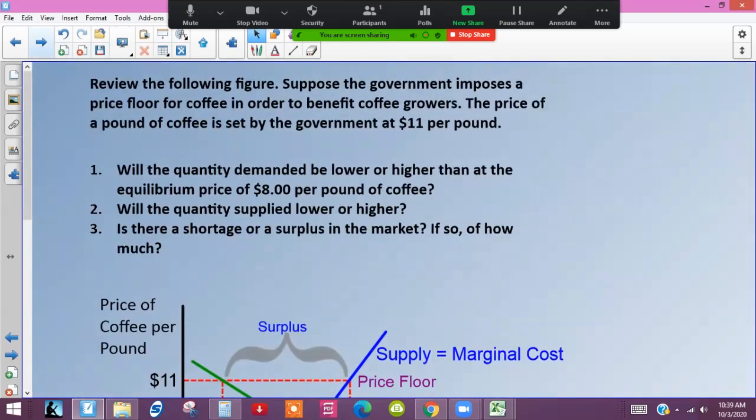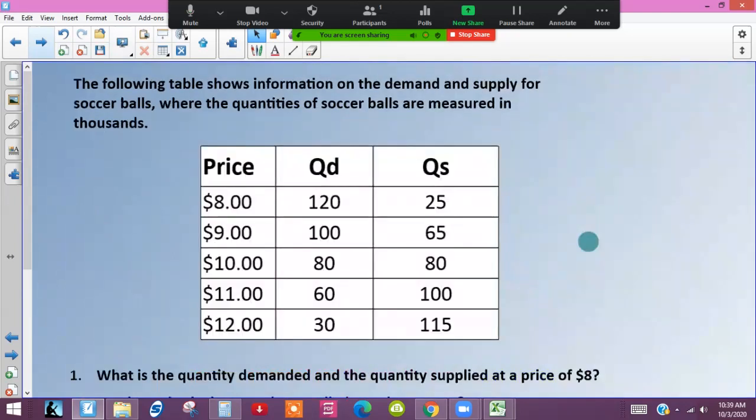Okay. The last one for part one is a supply and demand table, which you could use to actually derive the supply and demand curve. And we will be doing that later on, especially for the micro students.